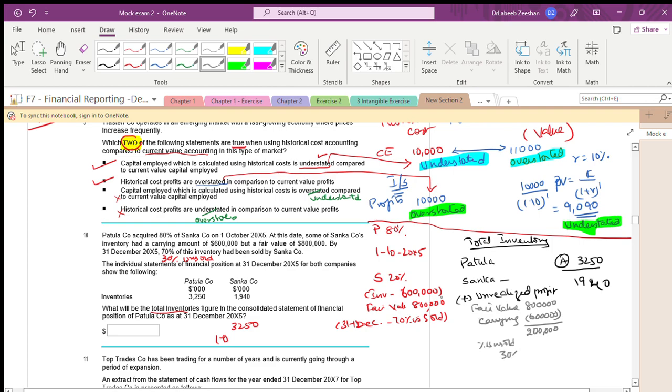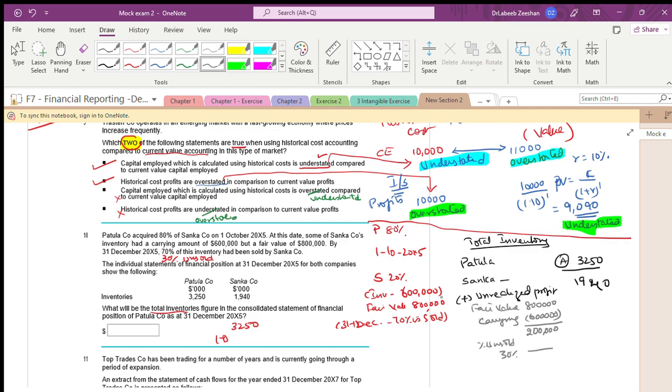Is it right? 30% is unsold. 200,000 into 0.3. Is it right? $60,000.